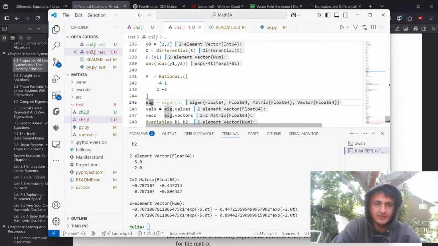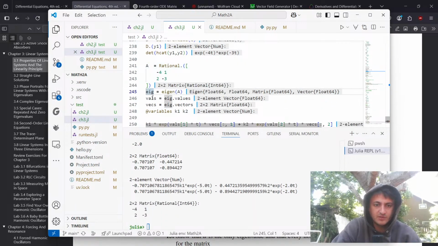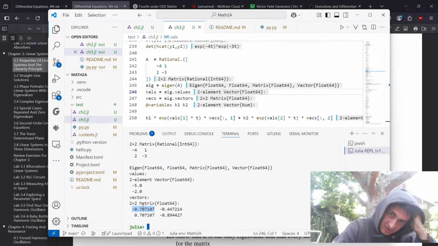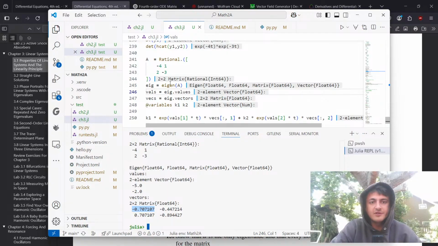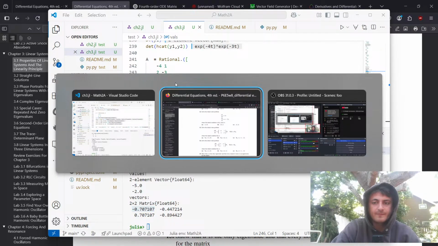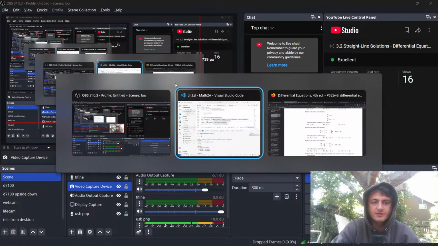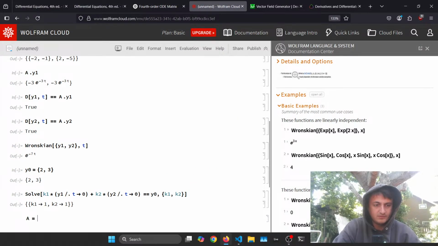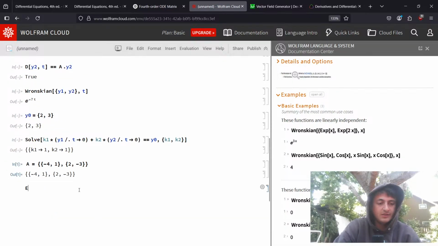I really doubt that it's going to give me what I want, because square root of 2 is not even rational. But if I were to do this in, let's say, and then we did eigenvalues of A. Oops.